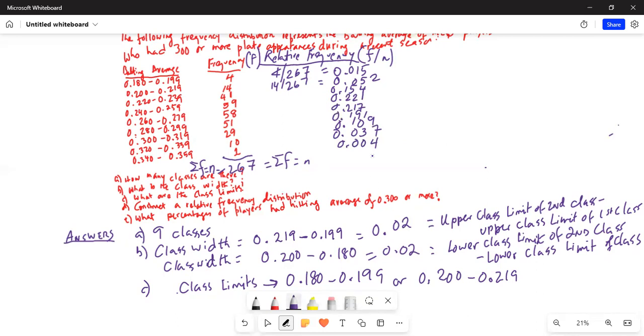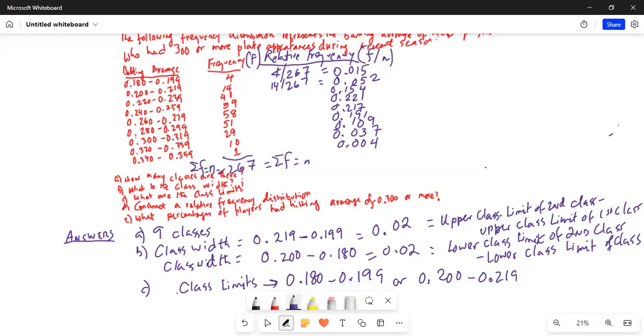So it is 0.015 plus 0.052 plus 0.154 plus 0.221 plus 0.217 plus 0.191 plus 0.109 plus 0.037 plus 0.004.